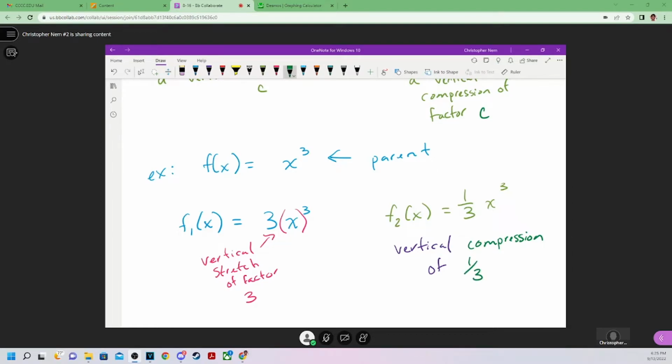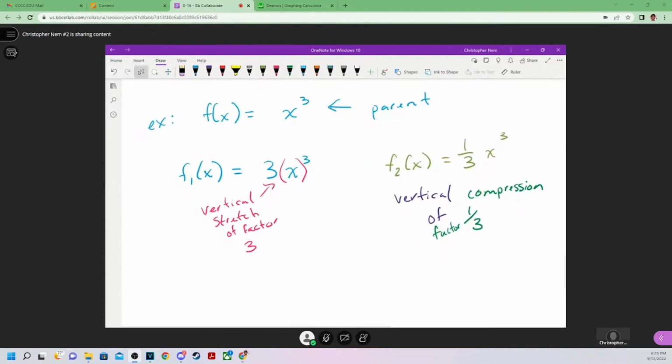So we're still keeping that factor. The factor is still whatever we're multiplying by. However, it's a compression if it's less than 1, if it's a fraction in between 0 and 1. It's a stretch if it's bigger than 1.